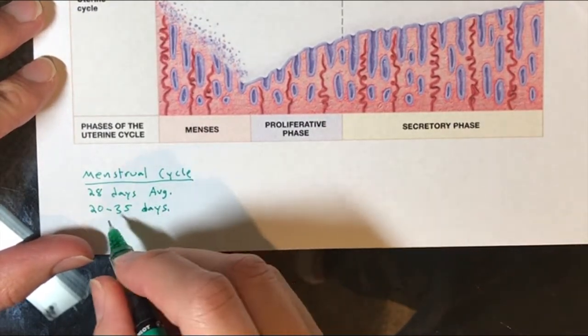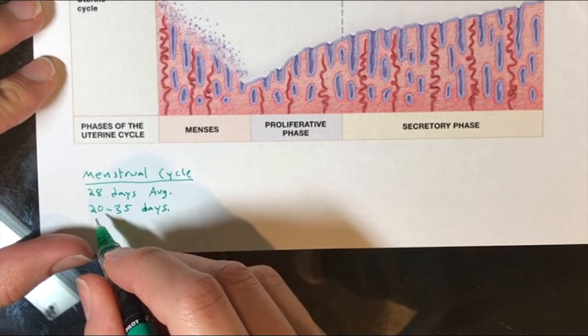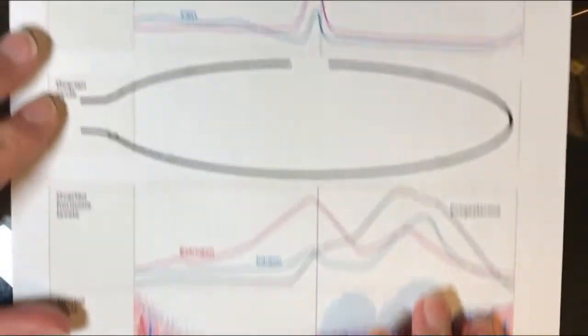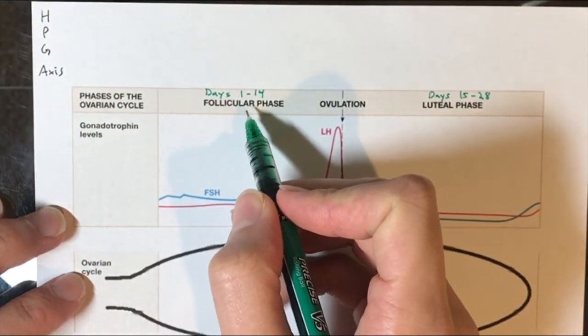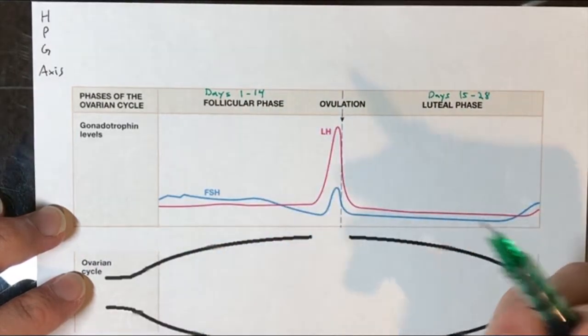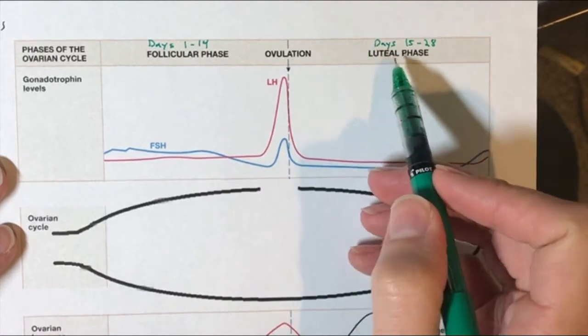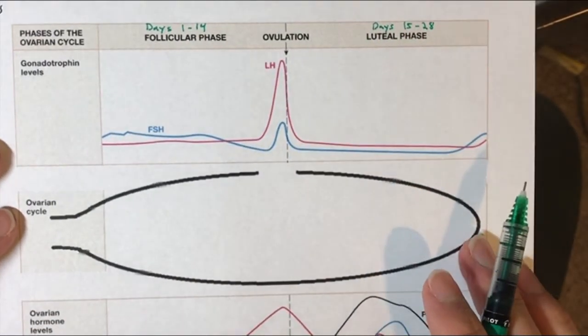And for the most part, the reason why people might have a shorter or a longer menstrual cycle depends on that follicular phase. Some people have a shorter follicular phase and some other people have a longer follicular phase. In general, the luteal phase stays more or less the same between individuals.